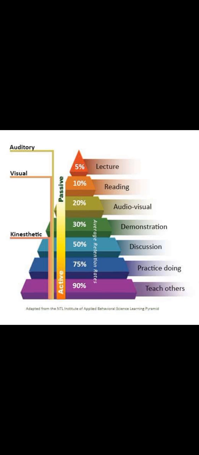The next method, discussion, is also an active method. Classroom discussion typically involves students talking about the course material with each other, as a full class or in similar groups. In the learning pyramid model, the discussion method helps students retain 50% of the information they receive.